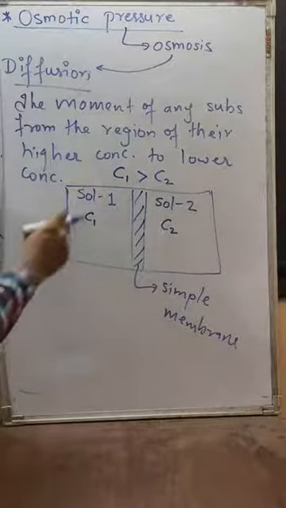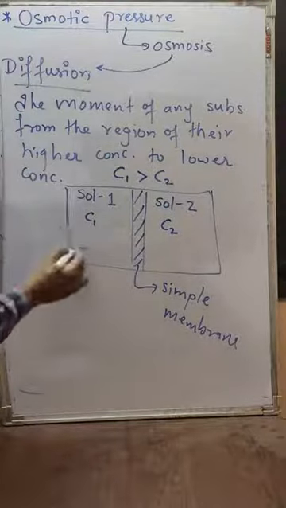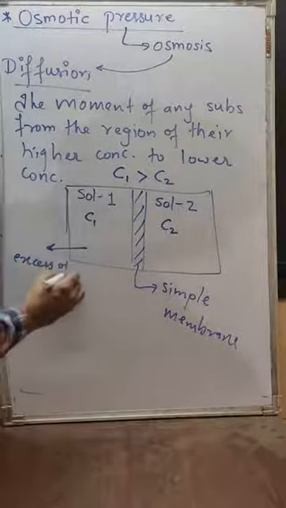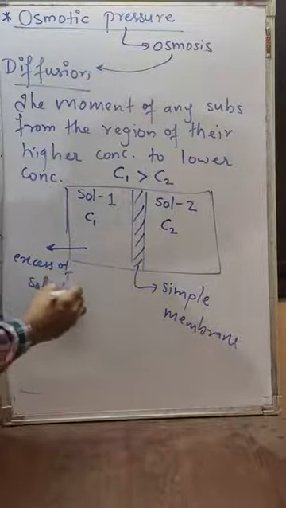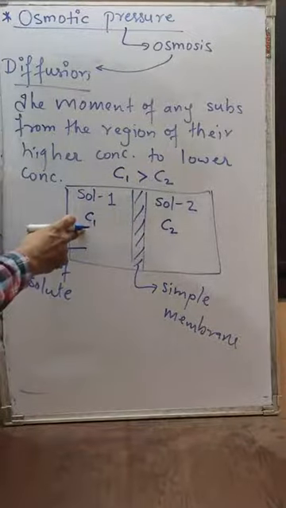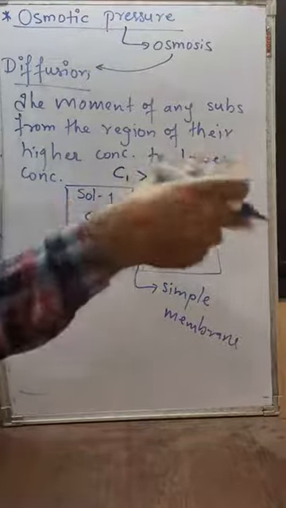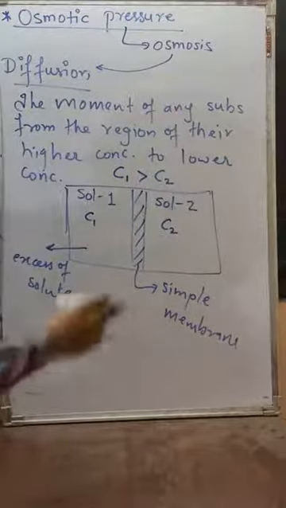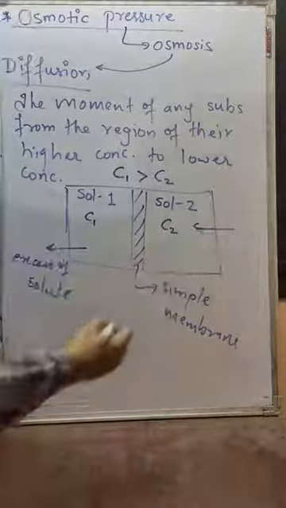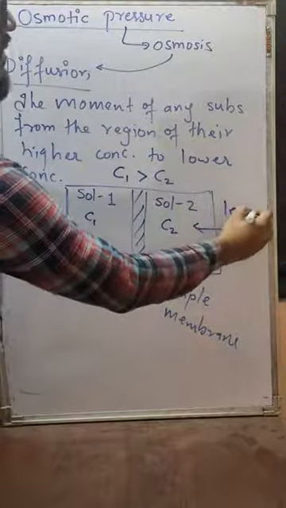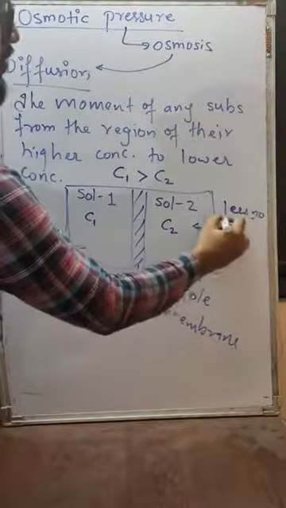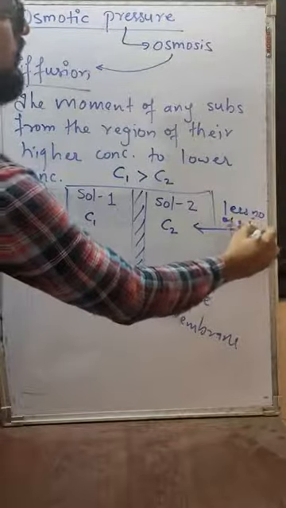So solution C1 has an excess of solute, because concentration is greater, and concentration depends on the number of solid particles, and solution C2 has a lesser number of solid particles.